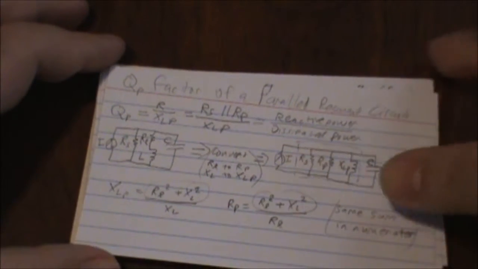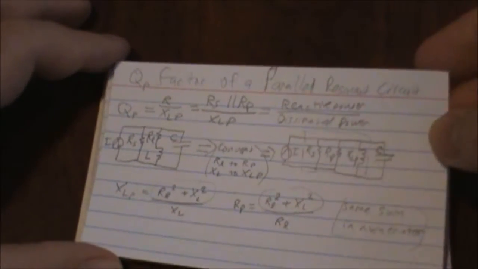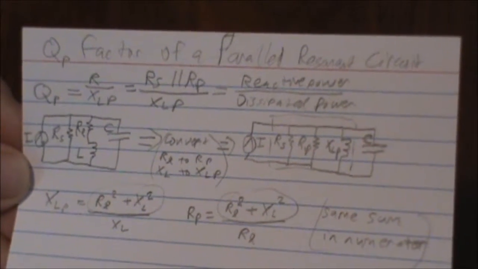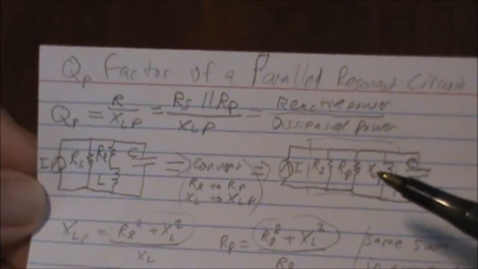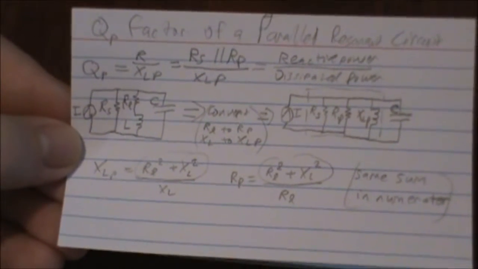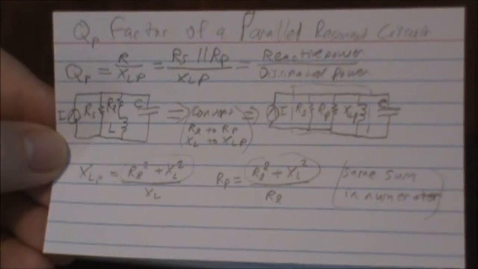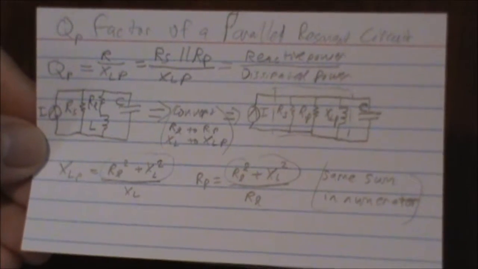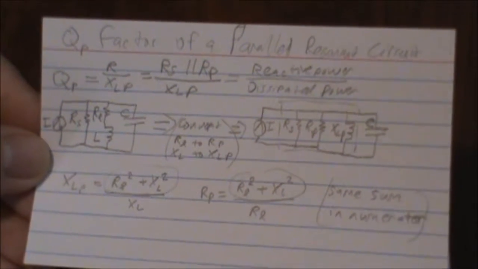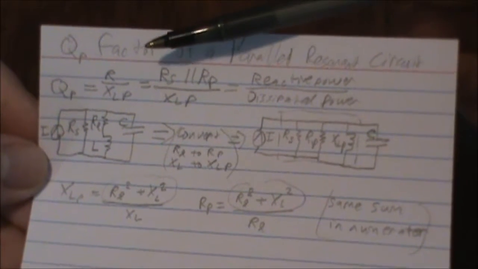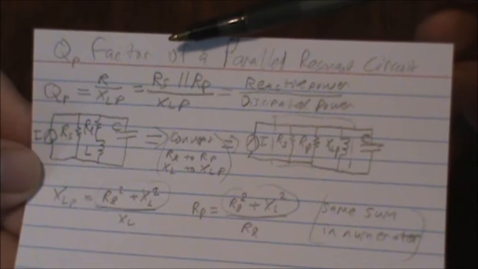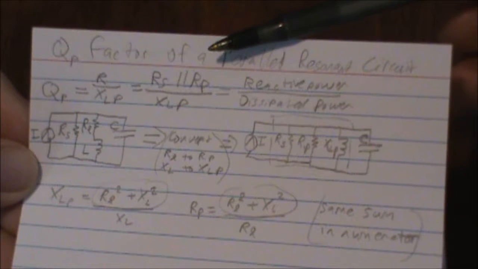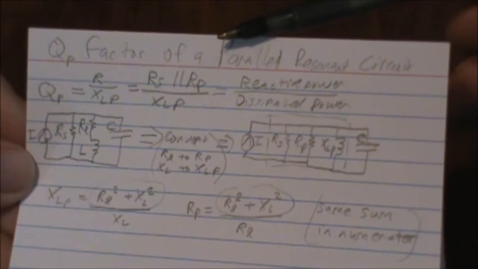And here's Q of a parallel resonant circuit. When you have a parallel element, for parallel resonance, your Q factor is R over XLP, which is your series resistor in parallel with another parallel resistor, with some math.